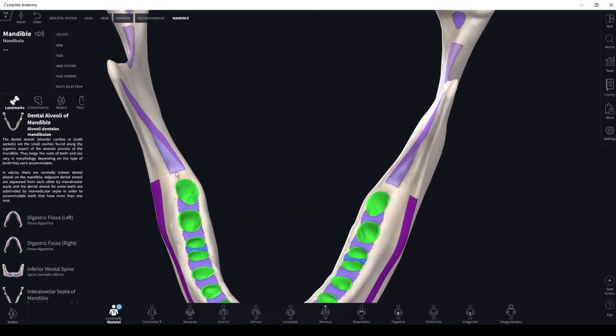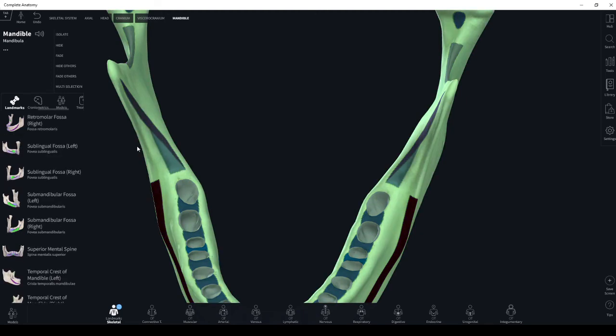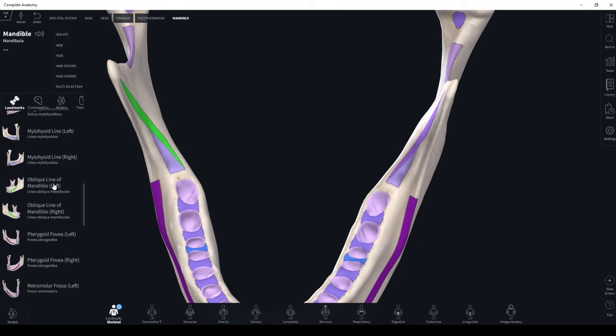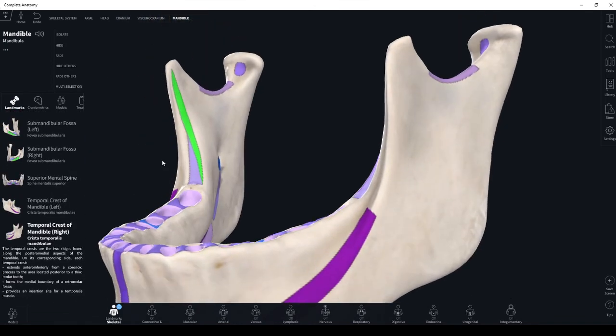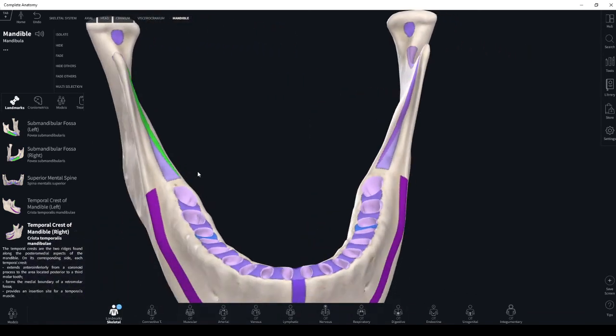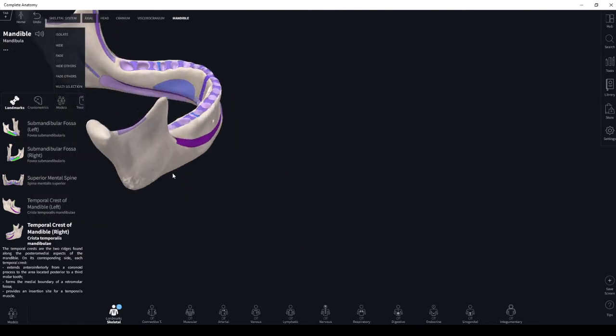Behind them you can find two triangular structures. First, the retromolar fossa, and one line located above this triangle, called the temporal crest of the mandible, the site of origin and attachment of the temporal masticatory muscle.